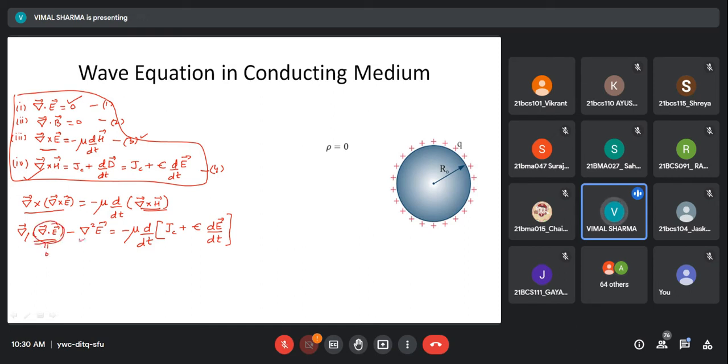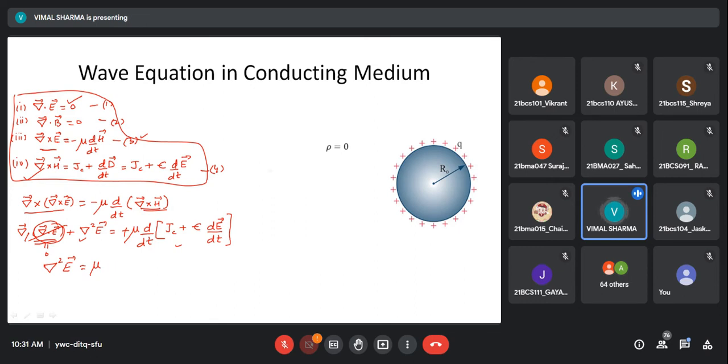As this is 0, I'm left with this term and this on the right-hand side, and I have a negative sign on both the sides, so I can cancel them. I can write del square of E is equal to mu, this.